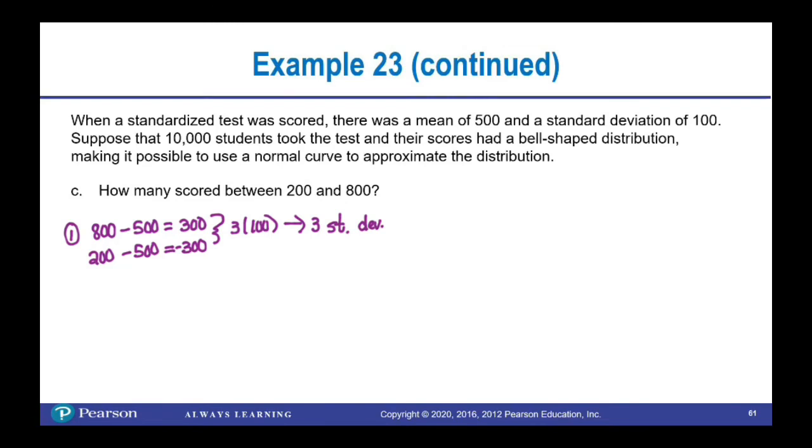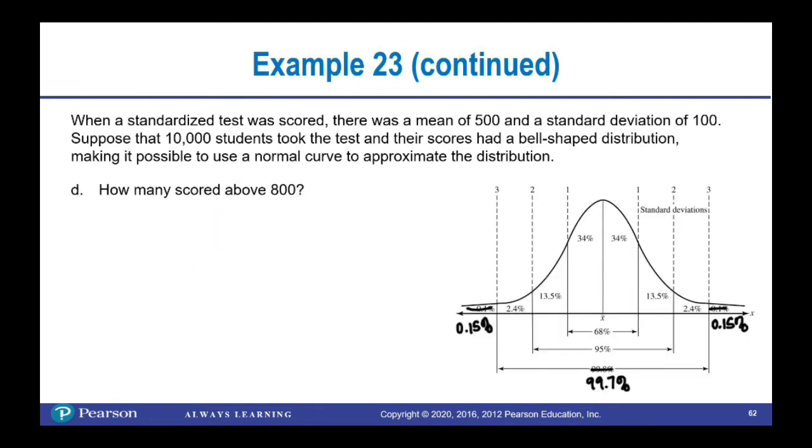Look back at your chart on the previous page of your notes, and the percent associated with 3 standard deviations is 99.7%. Change your percent to a decimal. Move your decimal place 2 places to the left. Gives us 0.997. Multiply by 10,000. Since 10,000 students took the test, gives us 9,970.